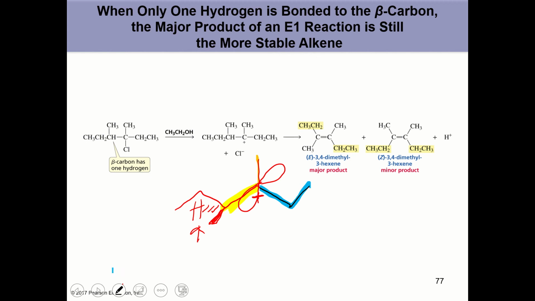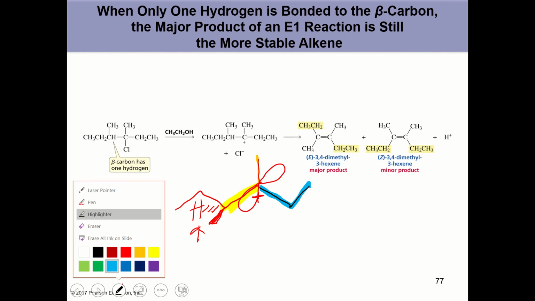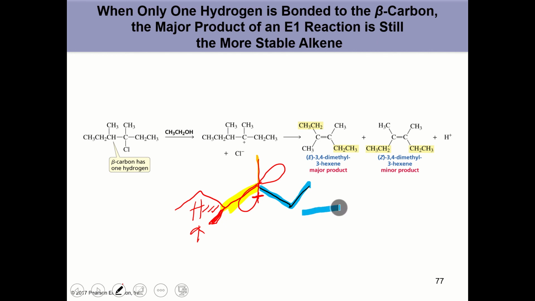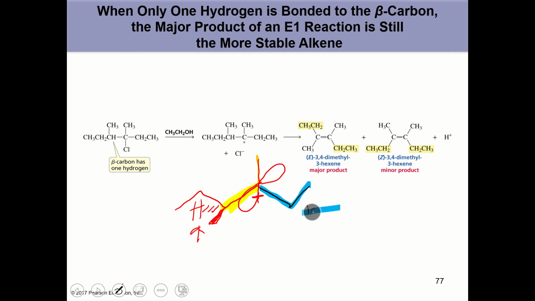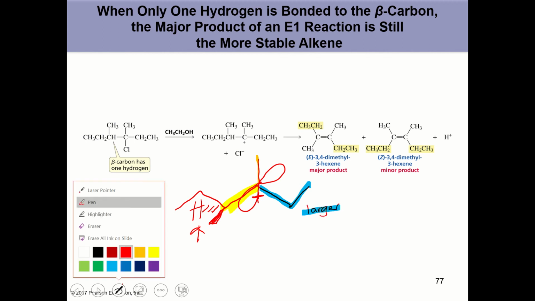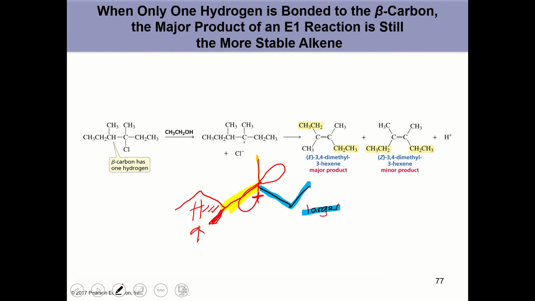Ethyl is the largest group. So the blue is larger. And then on the other side, the larger group for the removal of that beta hydrogen is this blue group.